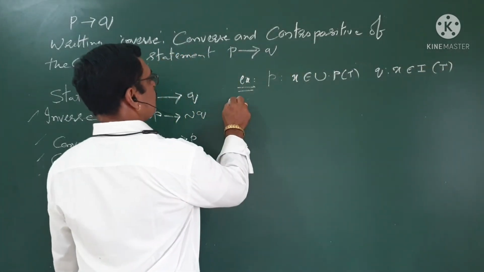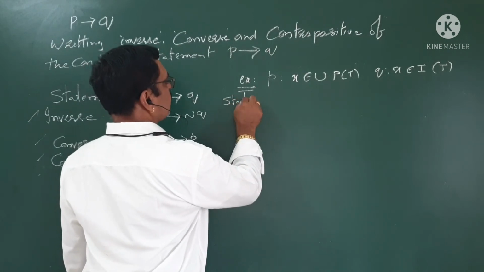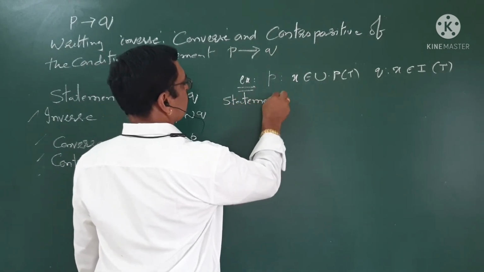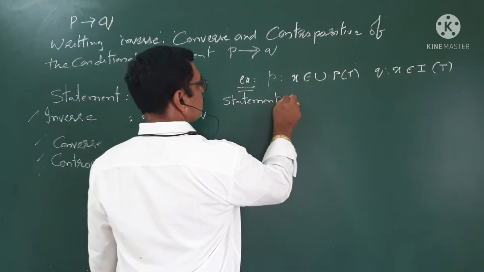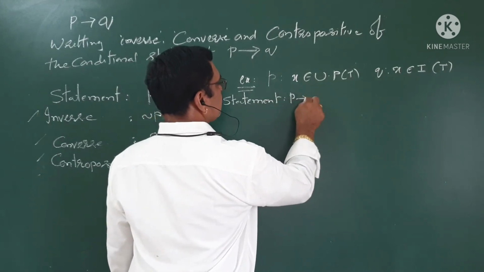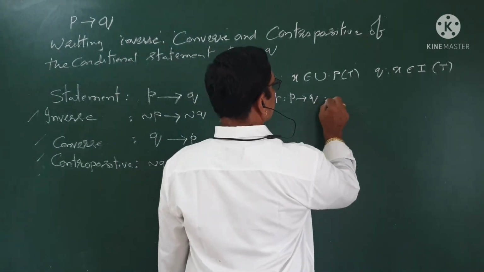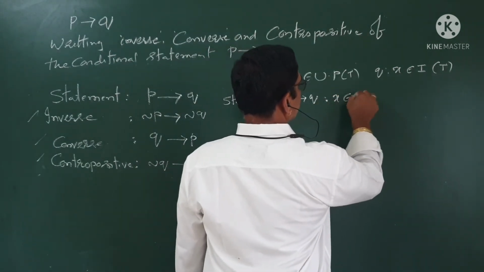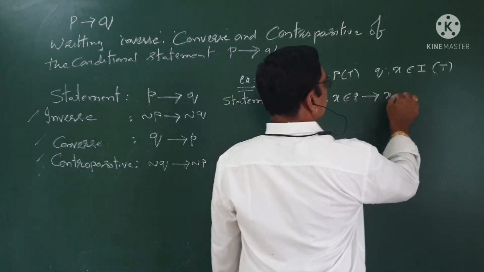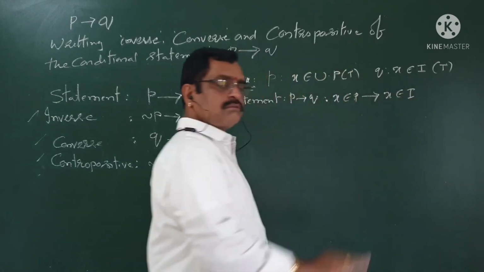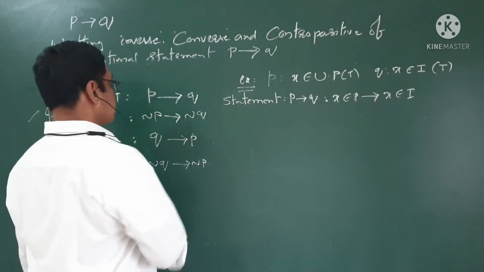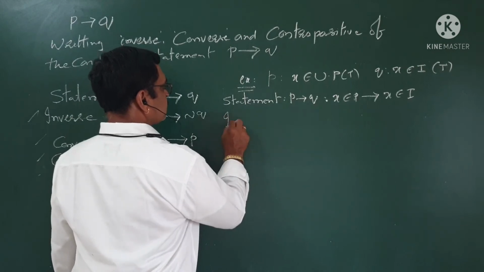So the statement, which is in the form of P implies Q, is nothing but x belongs to UP implies x belongs to India. That's all.